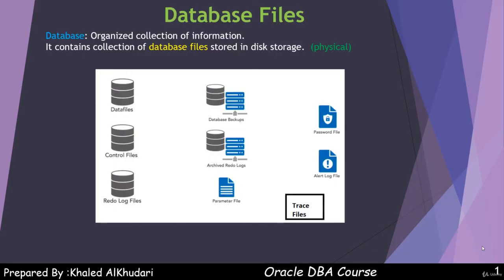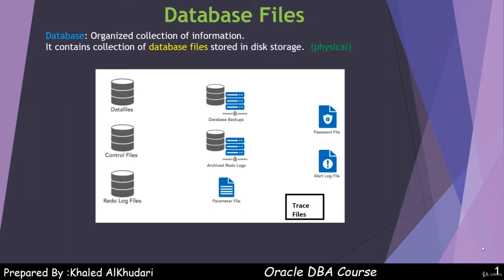In this lecture, we will talk about the database files. We said before that the database is an organized collection of information. It contains a collection of database files stored on disk. So this is the physical part, so we can see it with our eyes.